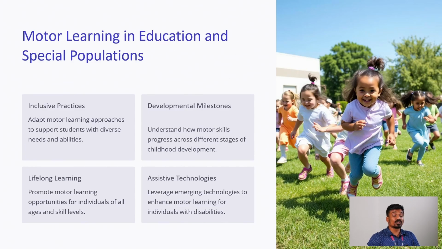Educators can adapt motor learning strategies for students with varying abilities. For example, motor skill development can be tailored for children with disabilities, allowing them to participate in physical activities at their own pace. Modifying exercises, providing additional support, or using assistive devices helps create an inclusive environment for all the learners.